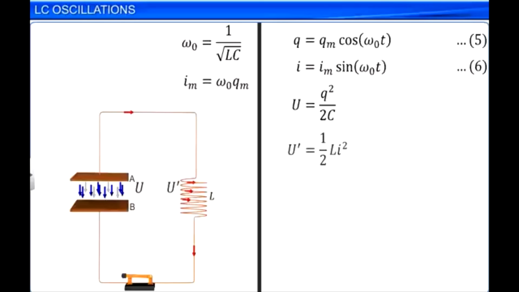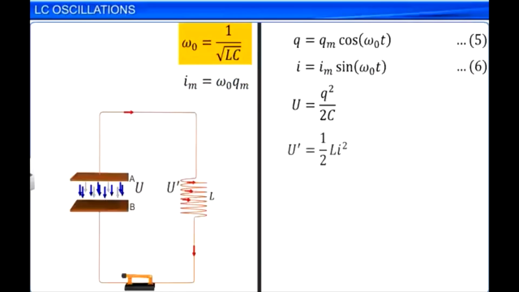The current I is equal to Im sin omega naught t, where Im is equal to omega naught Qm and omega naught is equal to the square root of 1 by LC. Rearranging omega naught in the expression, we get L is equal to 1 by omega naught square C.